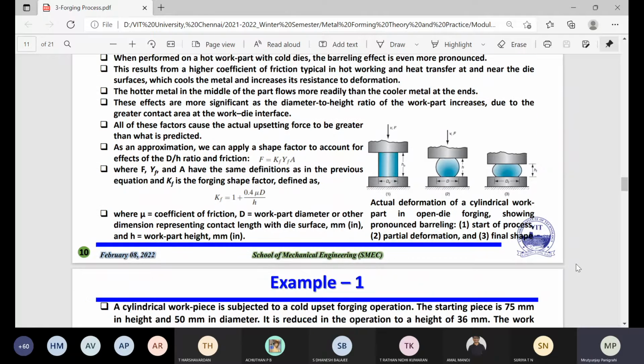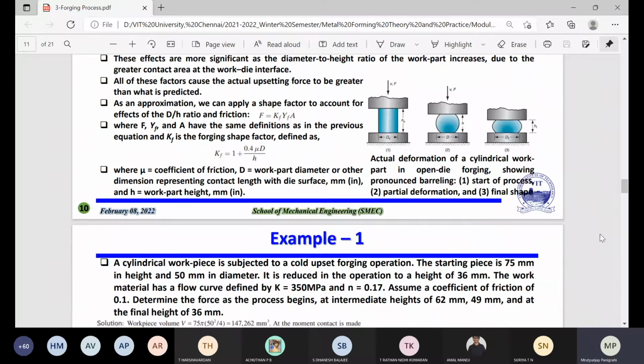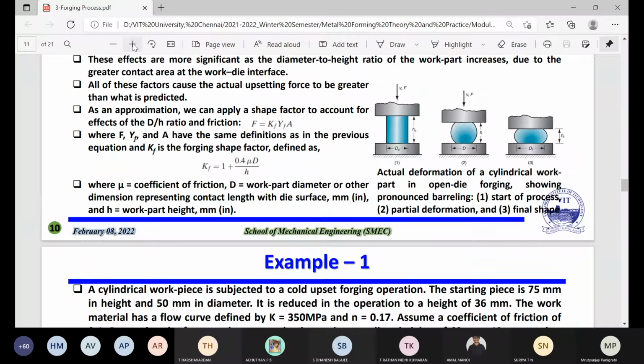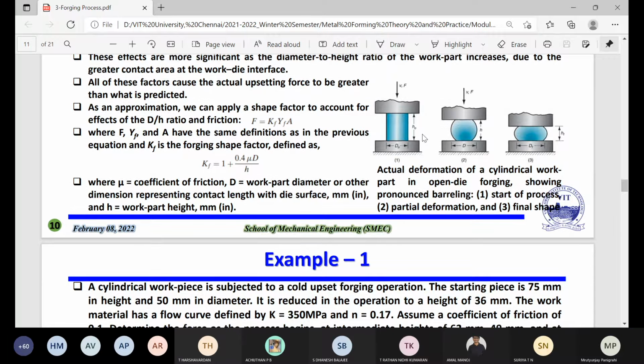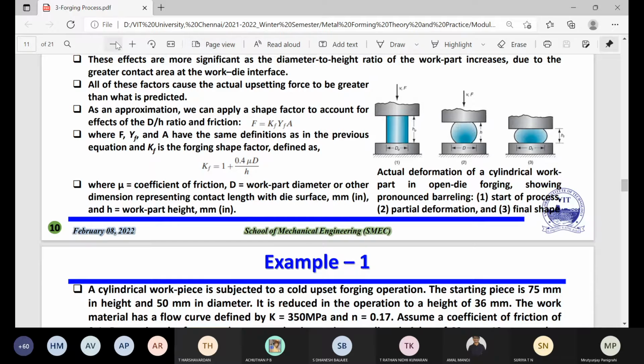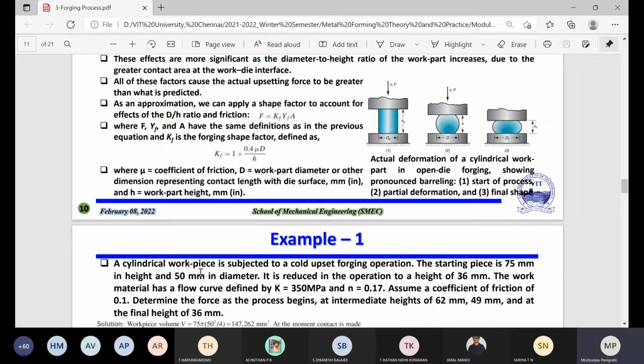If you go to example 1, you can see it at the bottom. I have hidden the answer part. A cylindrical workpiece is subjected to a cold upset forging operation. The starting piece is 75 mm in height and 50 mm in diameter.